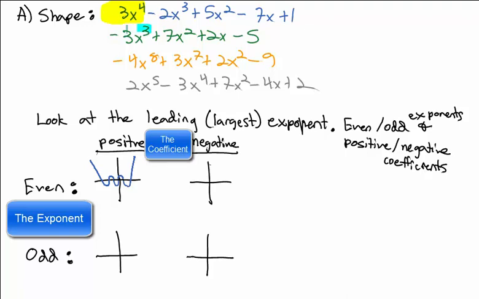In green here, we've got negative 3x cubed. The x cubed being odd and the coefficient being negative is going to stick us in the bottom right example. An odd negative is going to come in from the top left, wiggle around, and then go out the bottom right. An example of this would be negative x cubed.